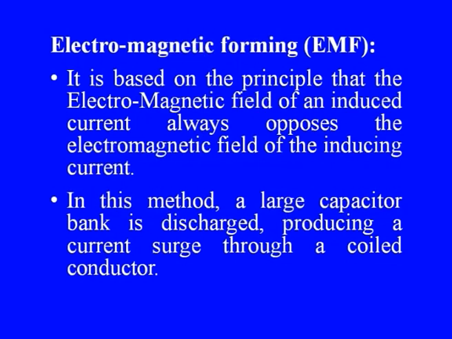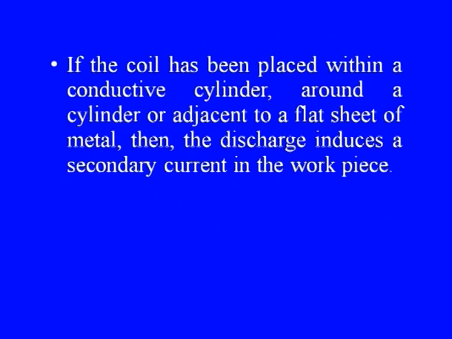In this method, a large capacitor bank is discharged, producing a current charge through a coiled conductor. If the coil has been placed within a conductive cylinder, around a cylinder, or adjacent to a flat sheet of metal, then the discharge induces a secondary current in the workpiece.